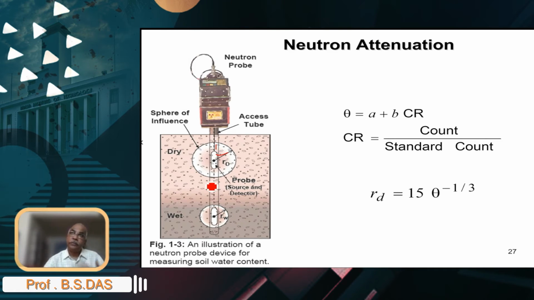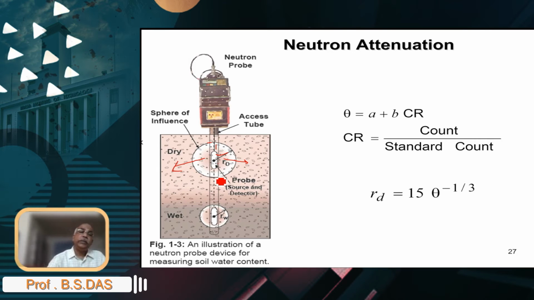The fast neutrons pass through the aluminum elastically, basically without losing any kinetic energy, and as they move out and hit the water molecules, the inelastic collisions create slow neutrons, and the detector near the source is able to detect this neutron cloud.